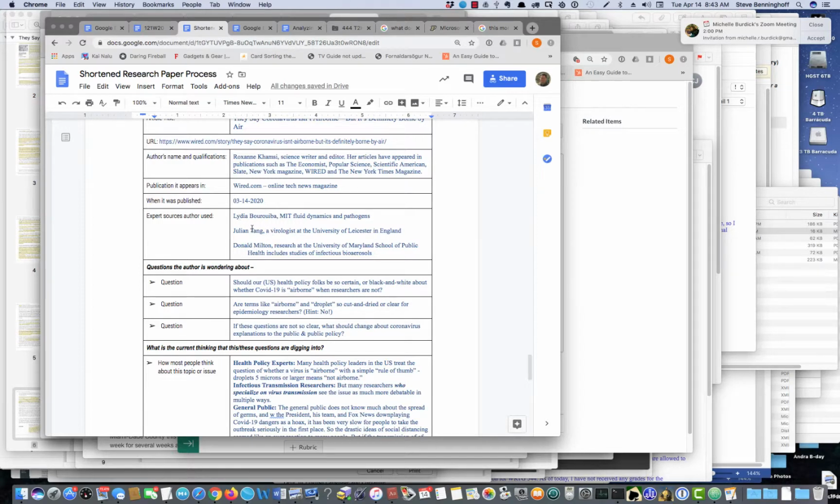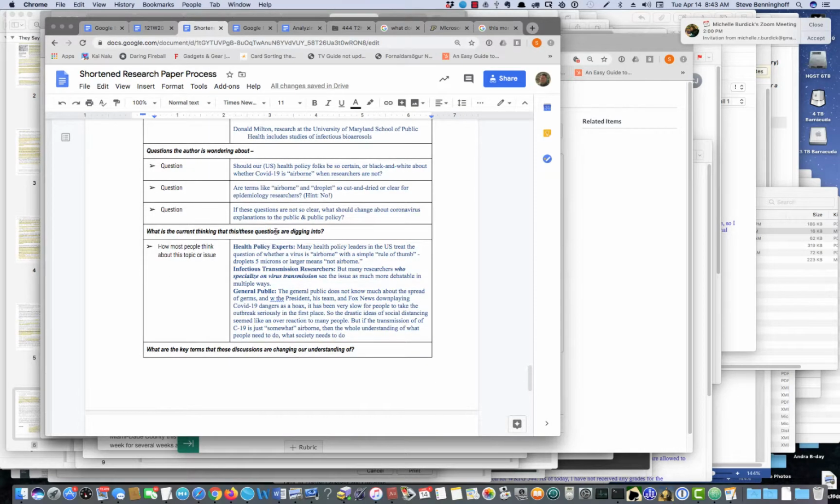So she's writing an article, but then she's referencing other people in that article, and a couple of those people are Lydia Bourouiba, an MIT fluid dynamics and pathogens researcher, Julian Tang, a virologist at the University of Leicester in England, and Donald Milton. So this gives you other people that are important to what that person's saying in their article.